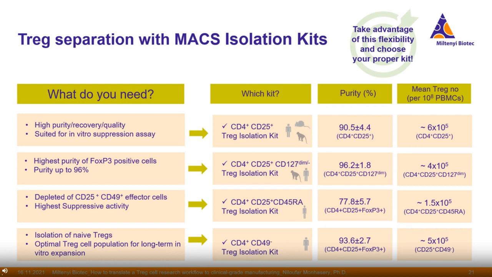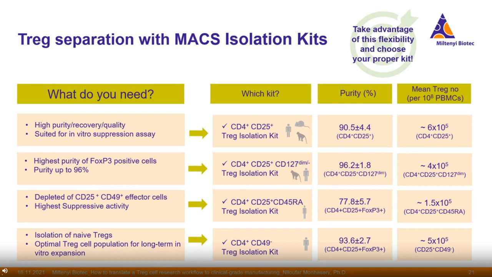Okay, let's have a look at this busy slide. The first question is, what do you need? You really need to understand your application, why you need your Tregs, and what your downstream application is. When you can answer this question, then you can have a look at the different kits and the different purity that you can get from each kit and also the recovery out of each kit.